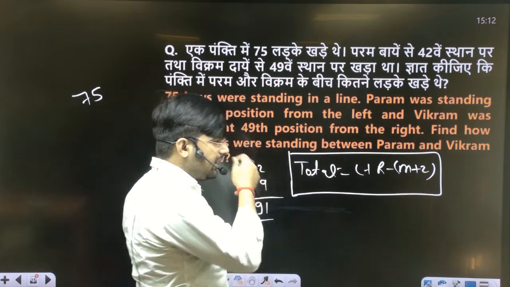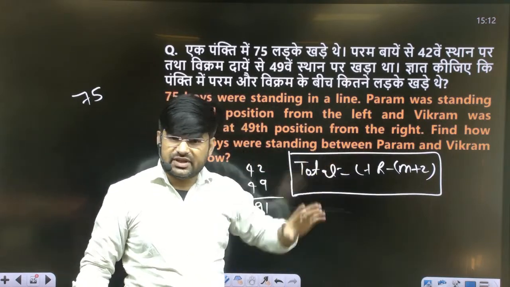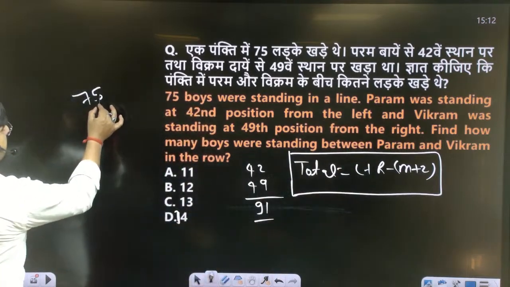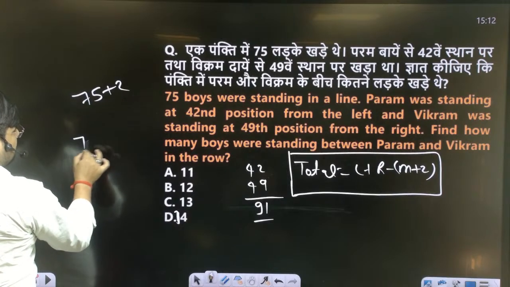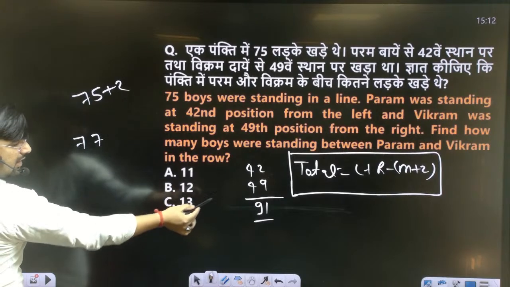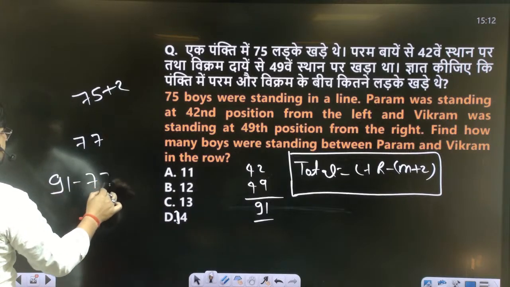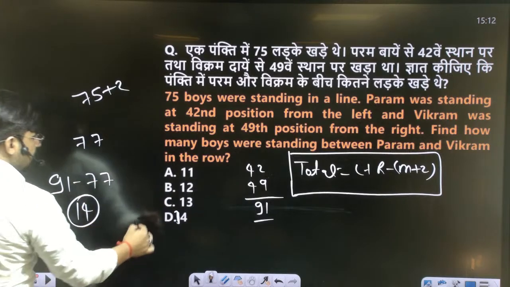By using this formula, you can find out the middle number of persons, but there's no need to use this formula. You can do 75 plus 2, it's 77, and total left plus right is 91. 91 minus 77 is 14. So 14 is our correct answer.